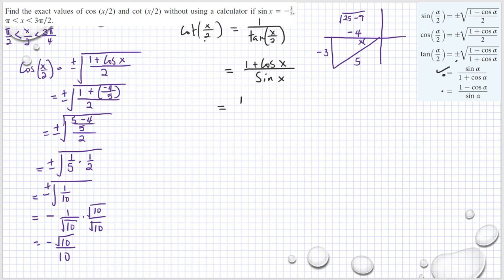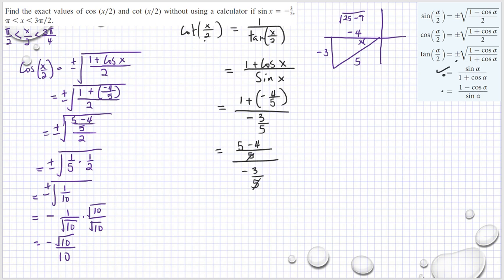Then 1 plus cosine x in the third quadrant is 5 minus 4 over 5, over negative 3/5. Simplify, we have 1/5 over negative 3/5.